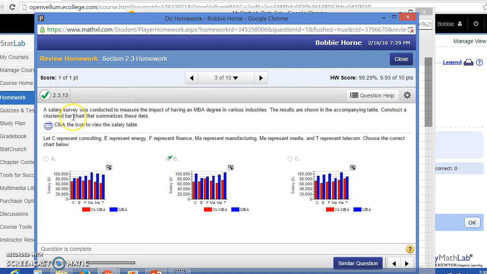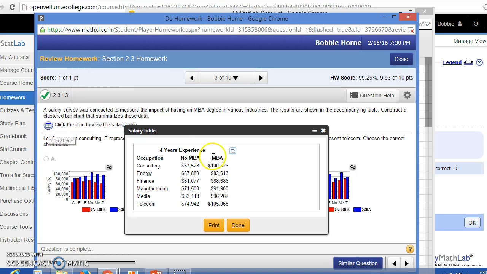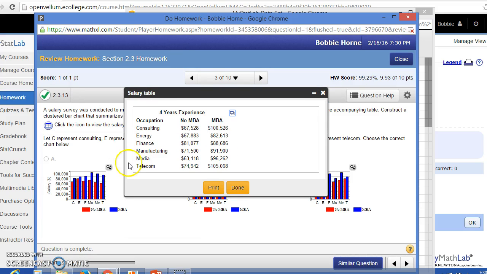Okay. Now on the next one, it says a salary survey was conducted to measure the impact of having an MBA degree. Okay, and it wants us to construct a clustered bar chart that summarizes these data. So one thing we can do is we can pull up our information and look at the bar chart. So for the first one, consulting, no MBA should be 67, and MBA should be 100,000.